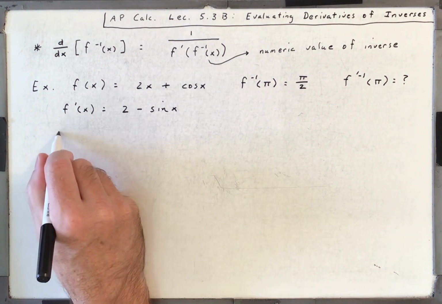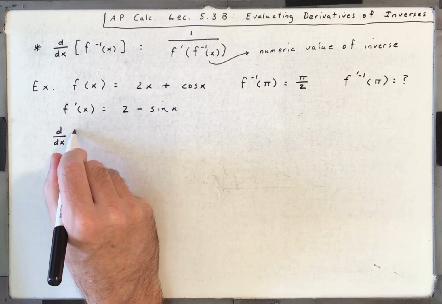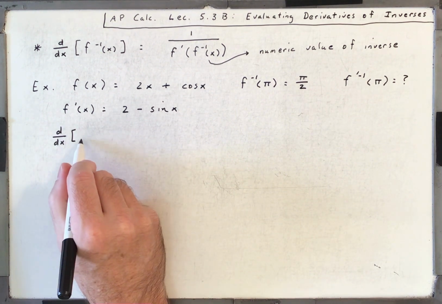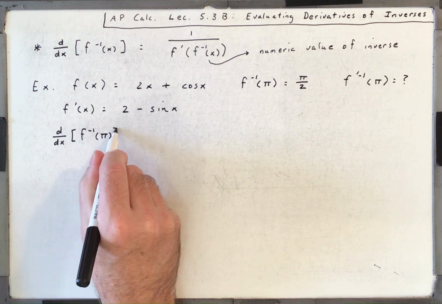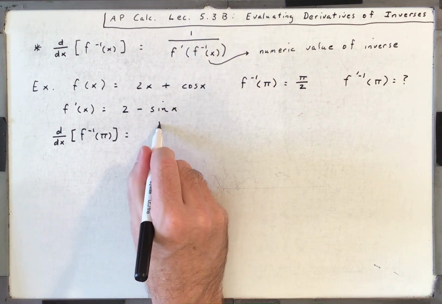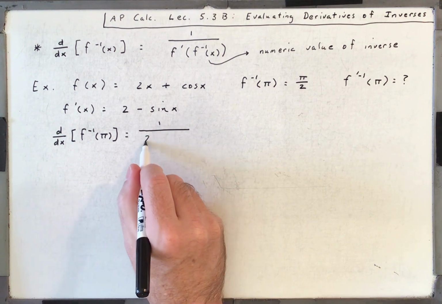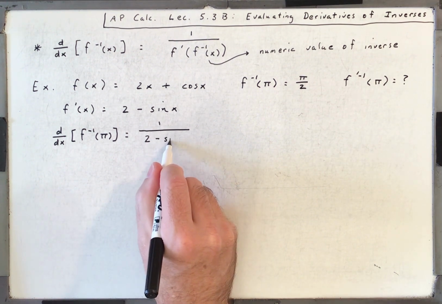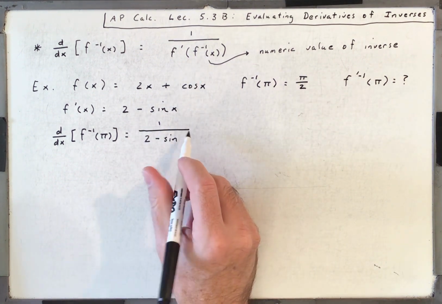All right, so the derivative of the inverse at pi is equal to, let's use this formula, 1 over 2 minus the sine. All right, we're putting the derivative in at the bottom, 2 minus the sine.